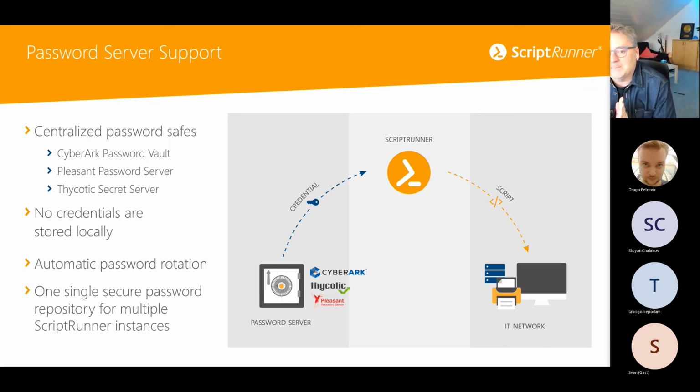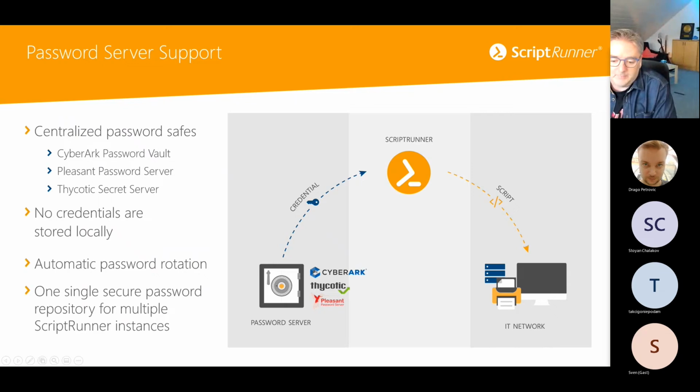What happens, and what this picture tries to show, is that whenever there's a script that needs to do something in your backend system, the credentials are pulled out of the password server in real time during the execution of the script. Once the script execution has finished, no password information is stored anywhere, locally or on the ScriptRunner server or something like this. They all, of course, stay only in the password server.